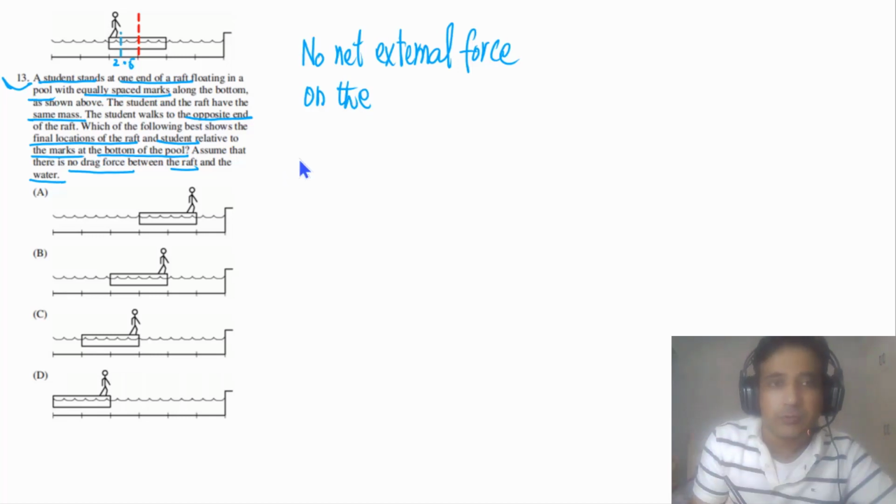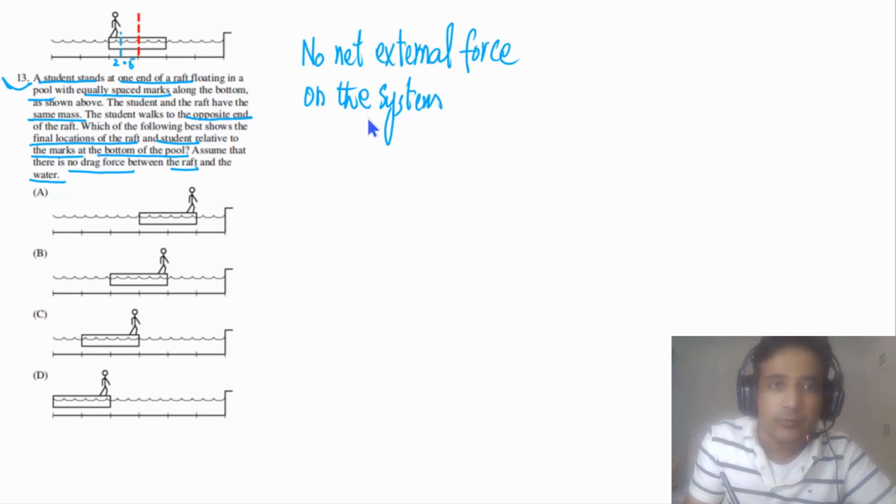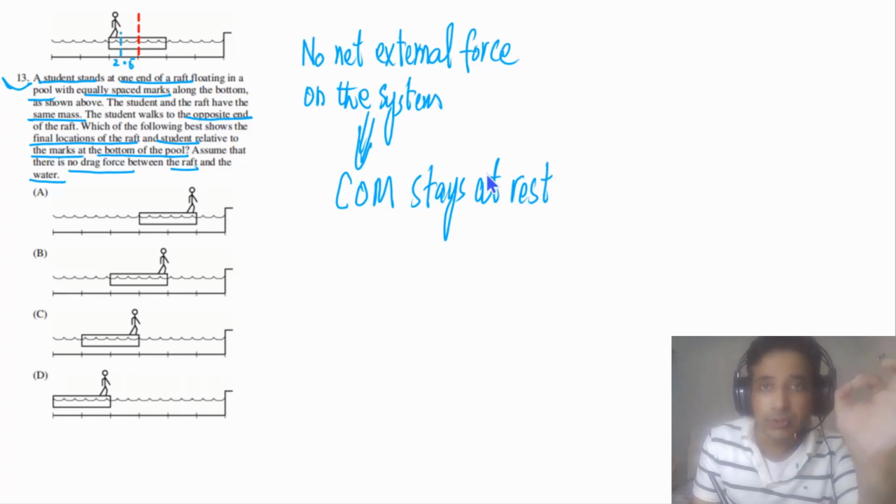So this point is very important: no net external force on the system. As in this case they are at rest, it means the center of mass will stay at rest. This is the main concept: it stays at rest, because initially the center of mass is at rest and it will stay at rest if there is no net external force acting on the system.